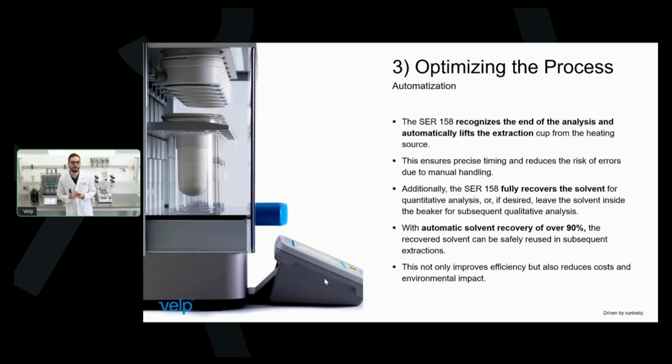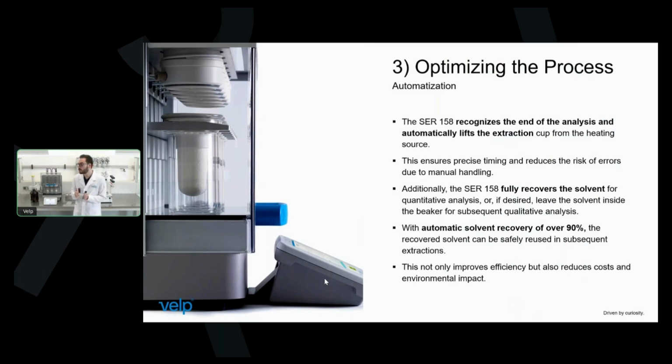So it's really important to have a reliable extraction without burning the matter that we have extracted. And with the automatization, we are also ensuring the safety of the final operator. Additionally, the SIR 158 fully recovers the solvent for the quantitative analysis.